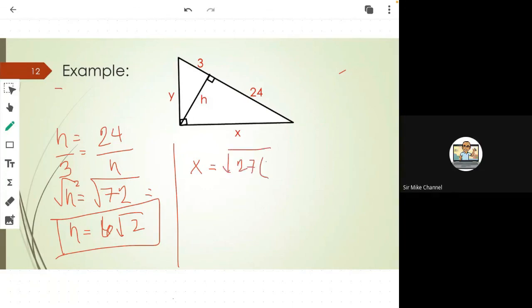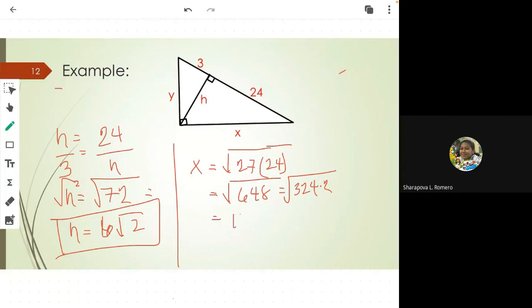Then multiplying gives 648. The factor is 324 times 2. The square root of 324 is 18. So, the answer is 18 square root of 2. Okay, very good. That is the correct answer.